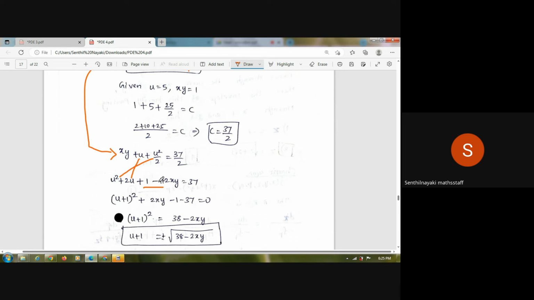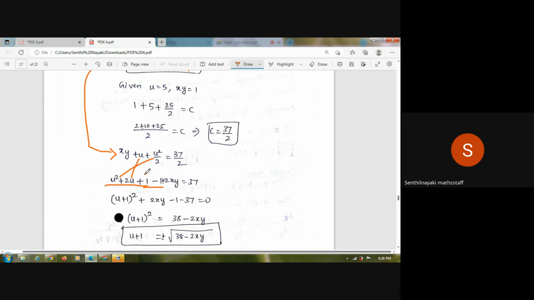Add and subtract 1 because then only it becomes a perfect square. Therefore, we can write u plus 1 the whole square. In the remaining term, after taking LCM, we have 2xy. This 2 gets cancelled. So we have 2xy minus 1.